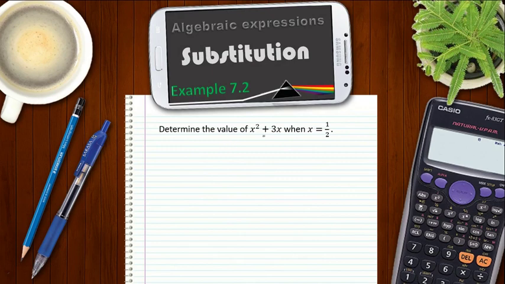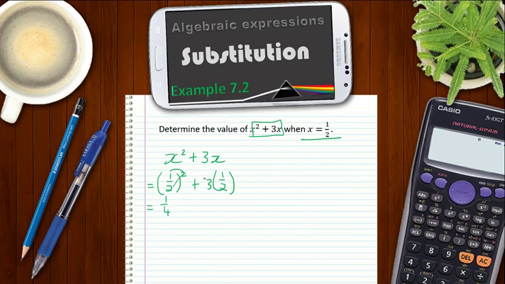Okay, so let's look at this example. It says x squared plus 3x, and I'm given that x is a half. So wherever I see x, I'm going to replace it with a half inside brackets, plus 3 times a half. Remember how I treat this square, I take it to all my bases, so this becomes 1 over 4.